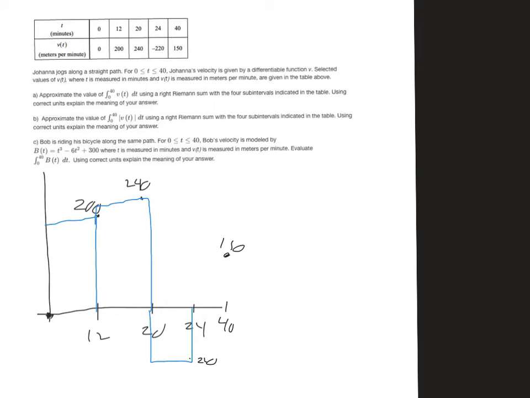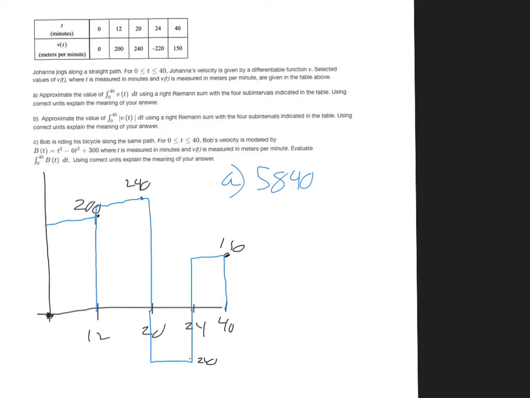And then at 40, we're at 110. So I just then need to add up the area of each of these different rectangles, and get my answer. And I believe I get 5,840, if my math is right.